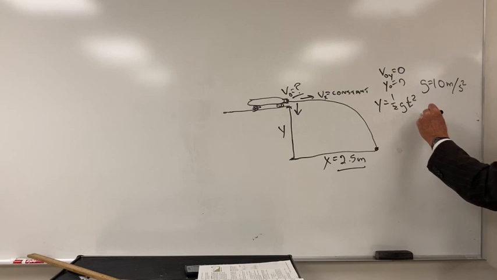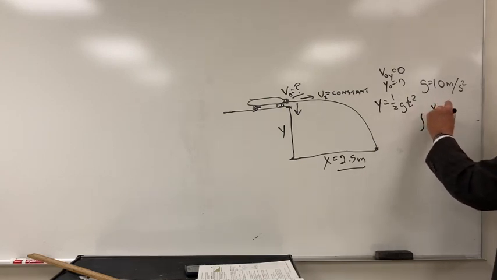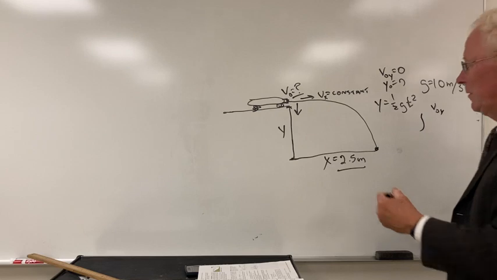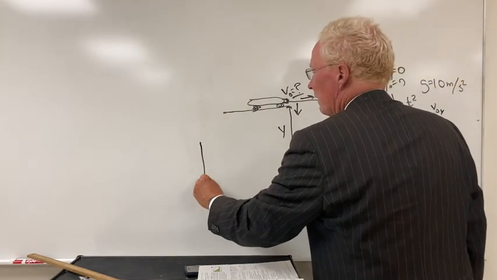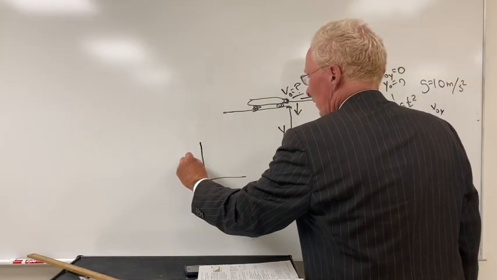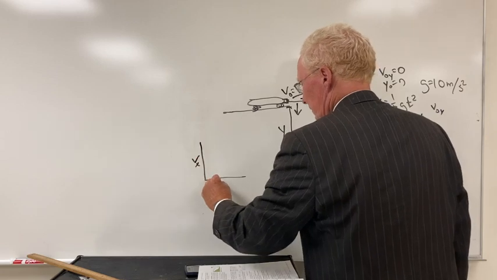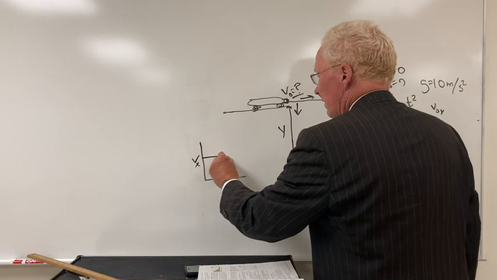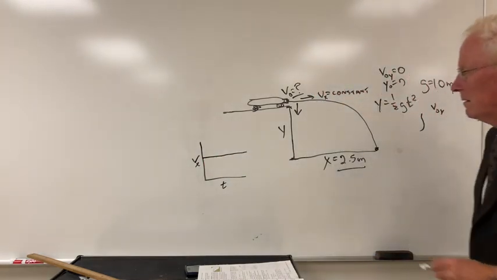We also have in the x direction v naught, which continues at the same speed, because if we plot the graph of velocity in the x direction versus time, it's going to be a constant. All right?